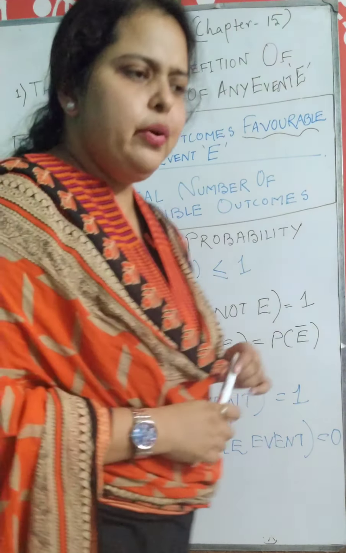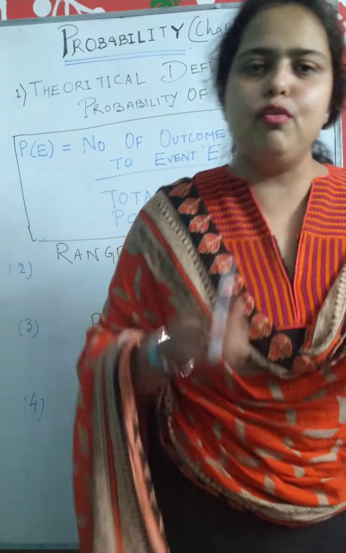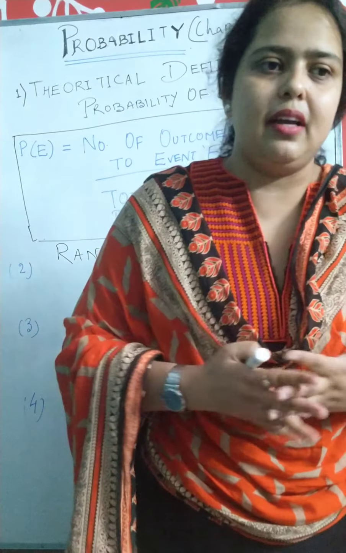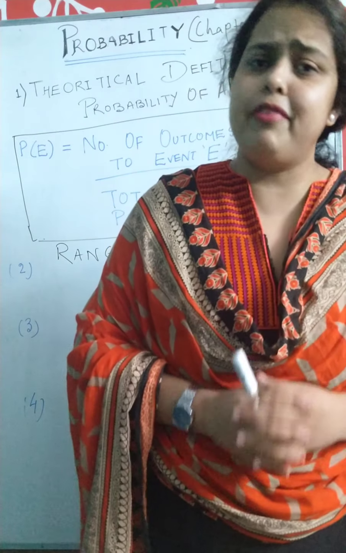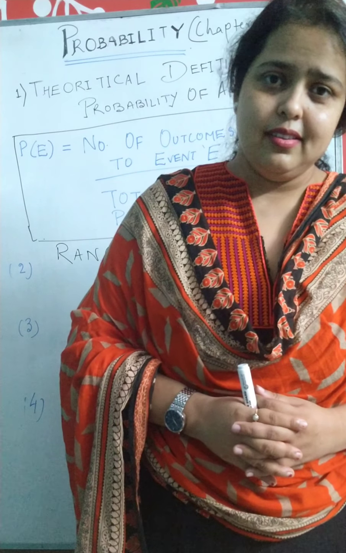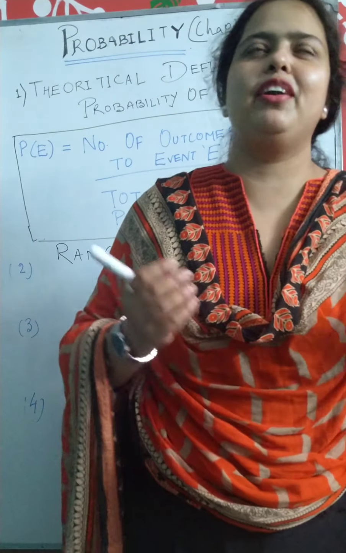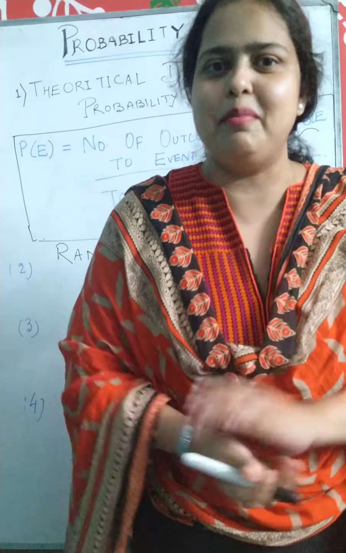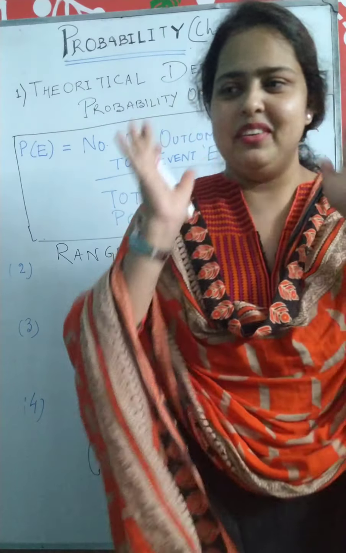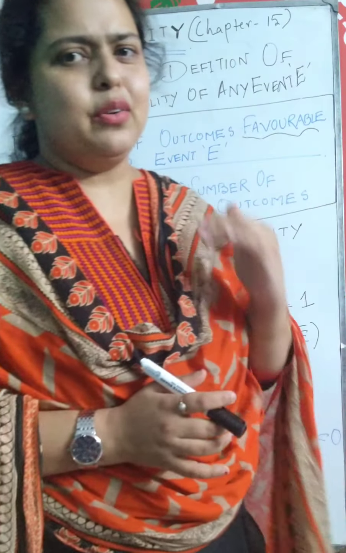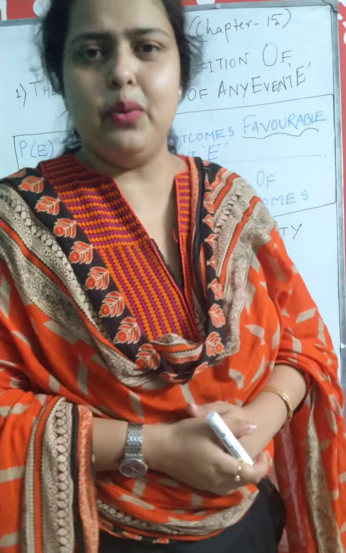However much I love you, you're my child, but I cannot give 105 out of 100. And if someday I have to give you less than 0, I cannot imagine that. So it cannot go less than 0.